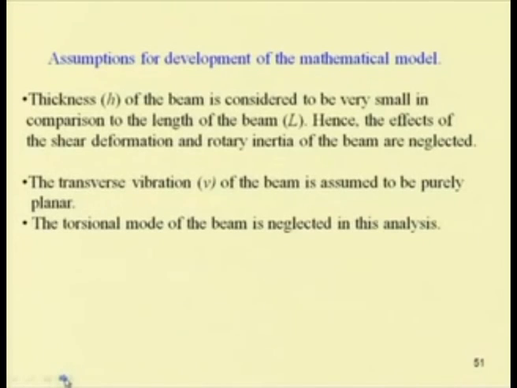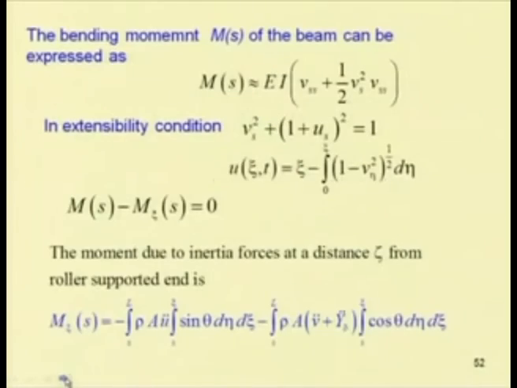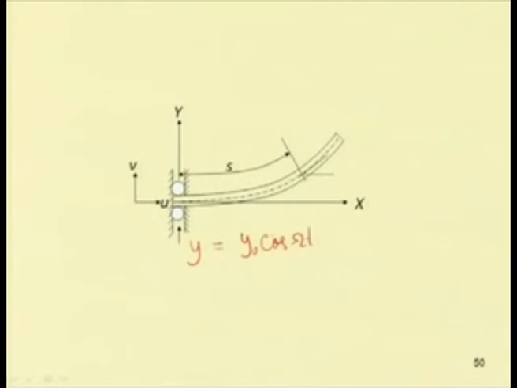Here one can take these assumptions: you can assume this as a Euler-Bernoulli beam and derive the equation of motion. By using Newton's second law, one can write the bending moment equal to EI. So, this is nonlinear, assuming large deflection or moderately large deflection.